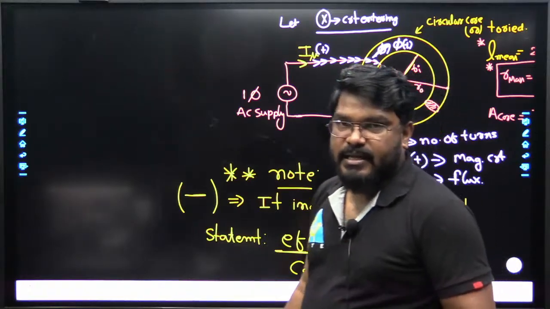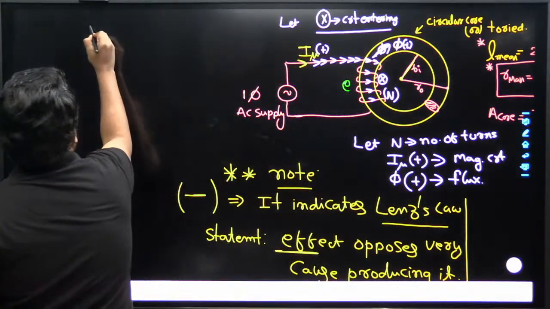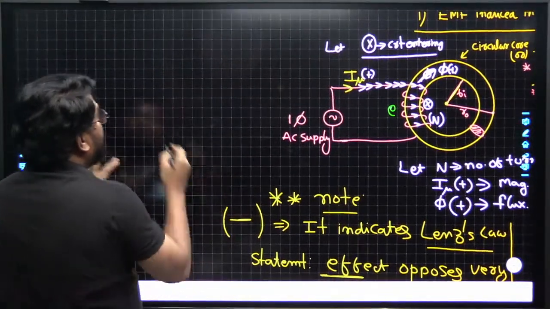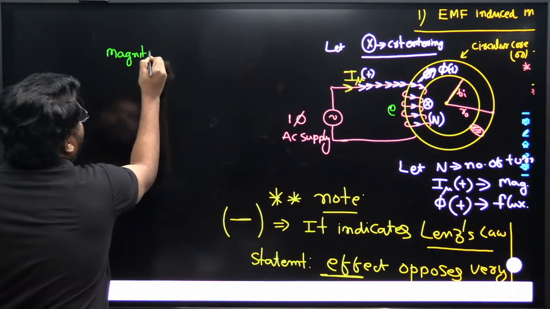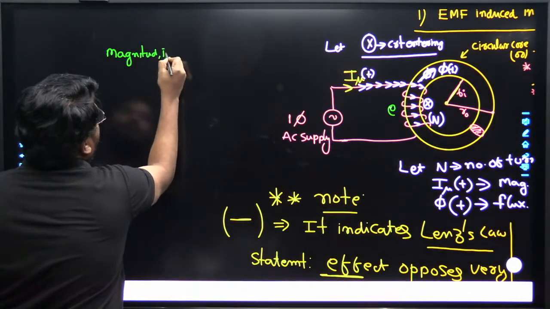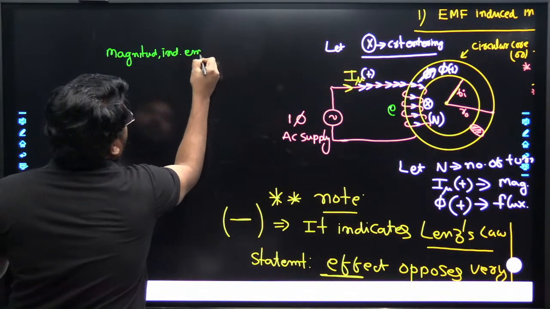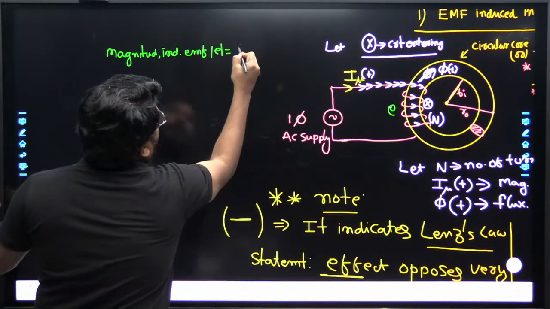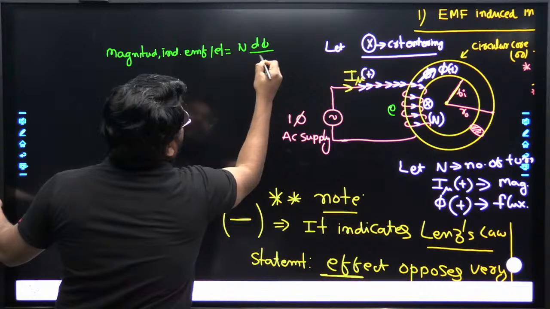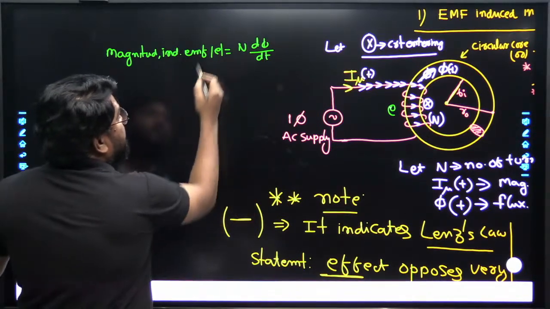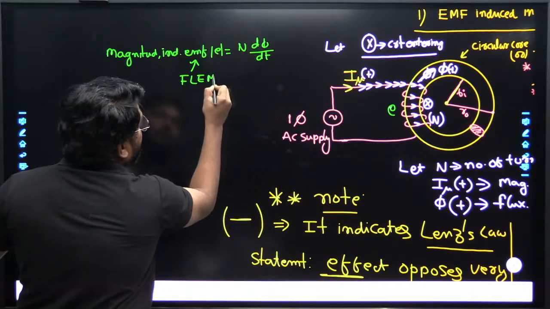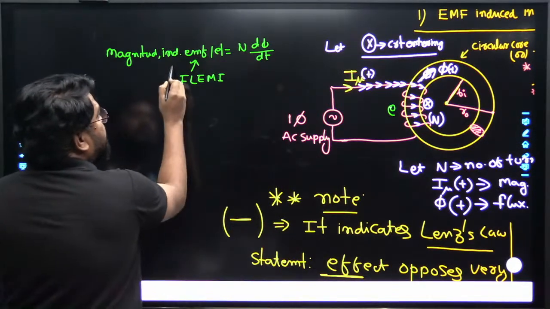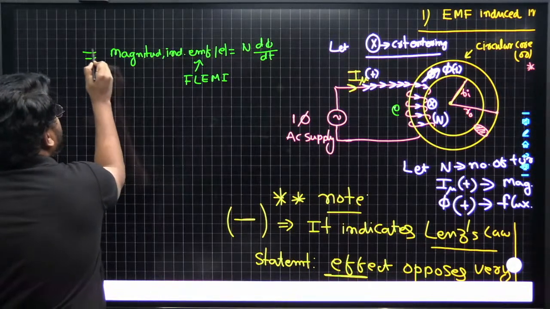We can state the magnitude. The magnitude of the induced EMF is equal to N d phi by dt, which we can obtain using Faraday's laws of electromagnetic induction.